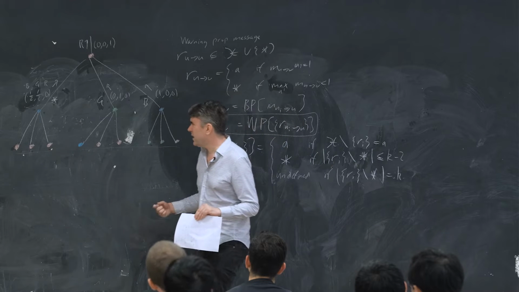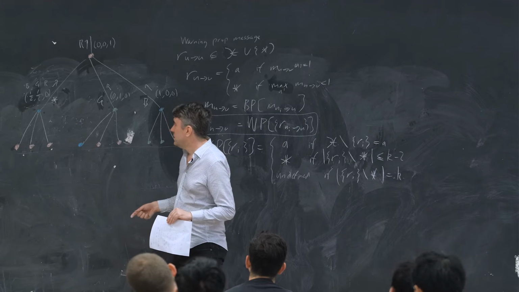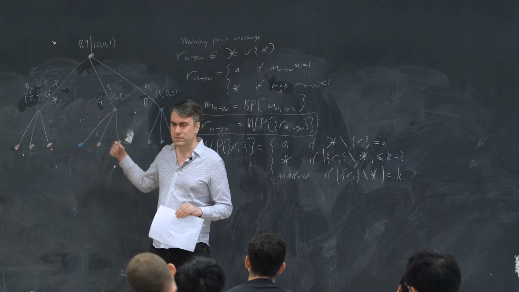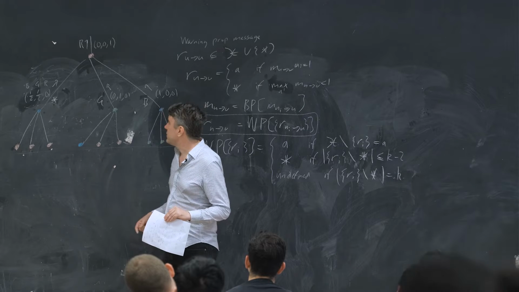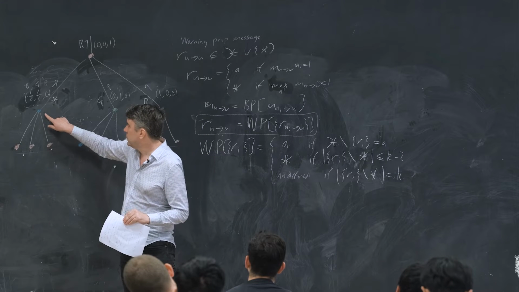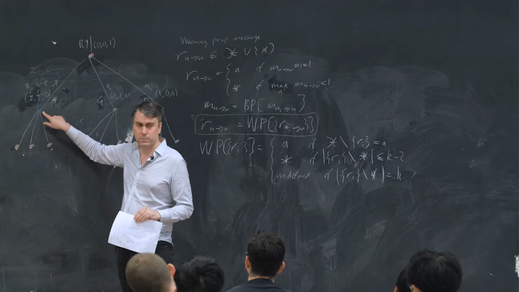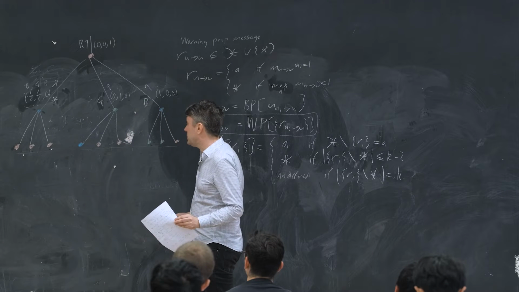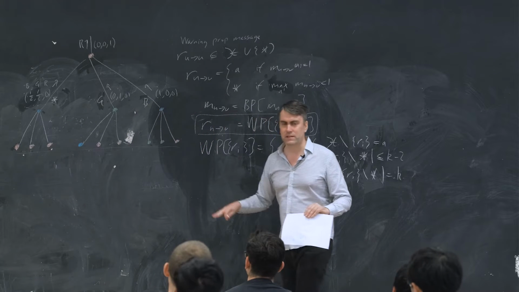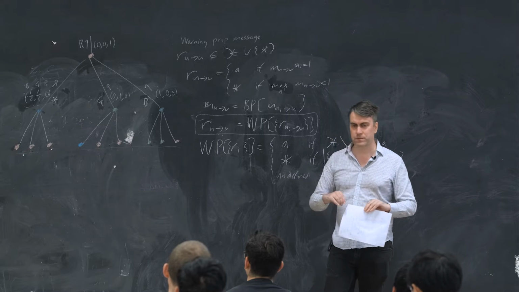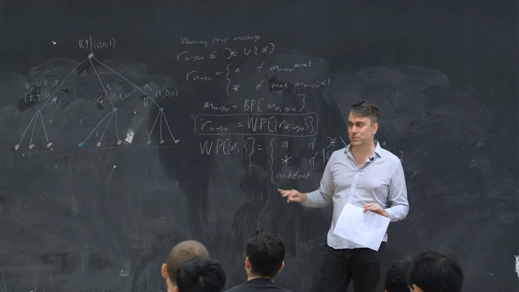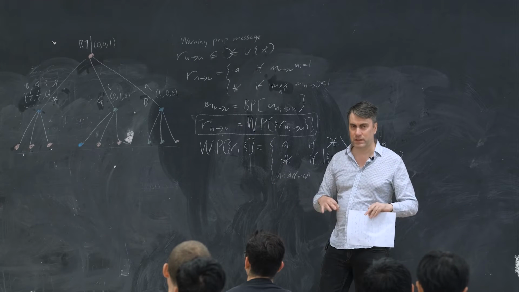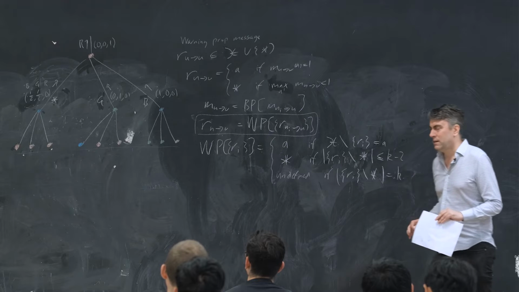But I'm left with the question that some vertices are not determined by that. This one could be either blue or green. So how do we know we can fill in the free vertices that have stars on them in some way that makes it a valid coloring?